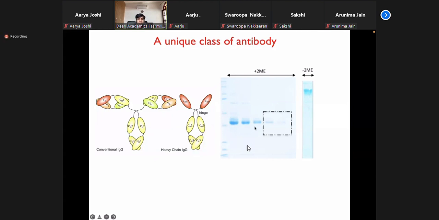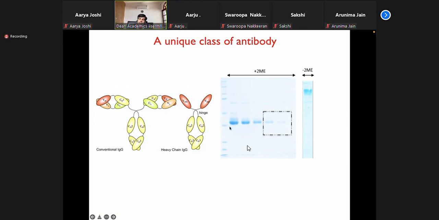Now, this is the SDS-PAGE image which was shown for this antibody. I'm showing this because we are working on these antibodies in the lab. What I'm trying to show here is that if you purify the full length antibody and resolve it either in the presence of beta-mercaptoethanol or in its absence, which is going to reduce the disulfide bond, then you detect a single polypeptide chain.